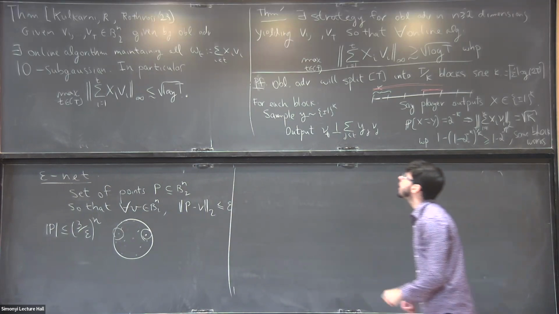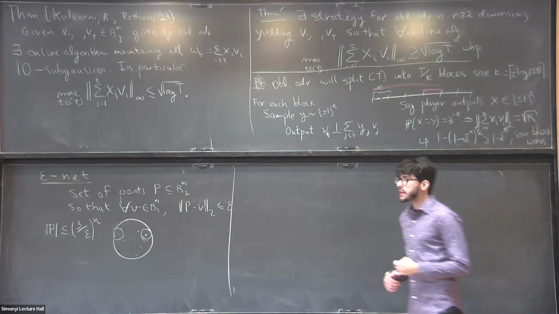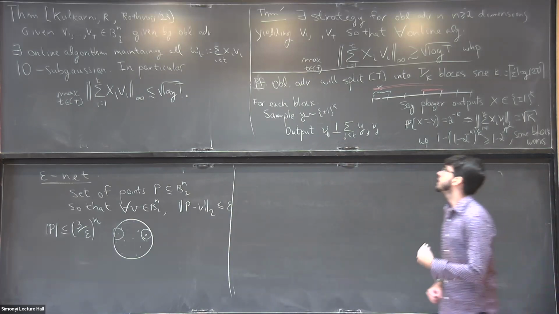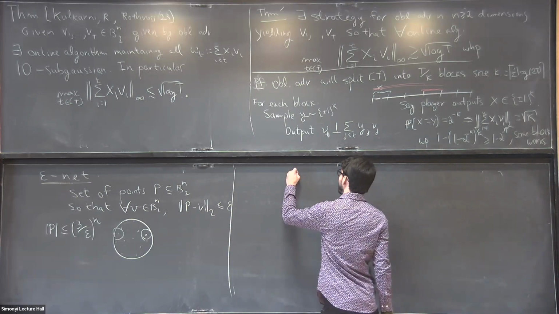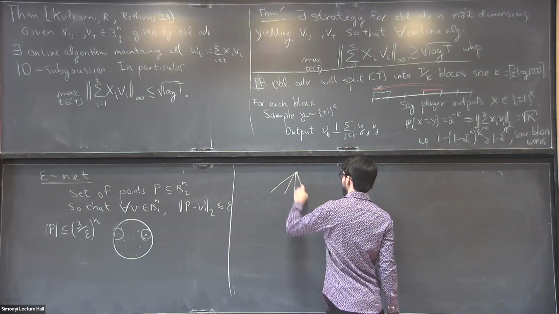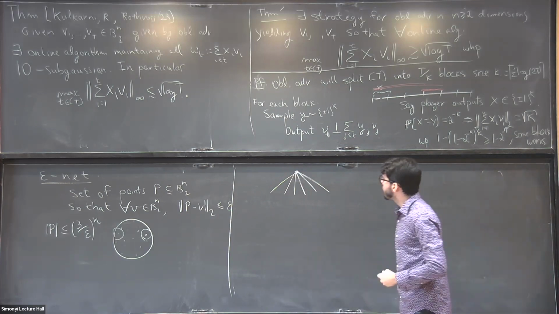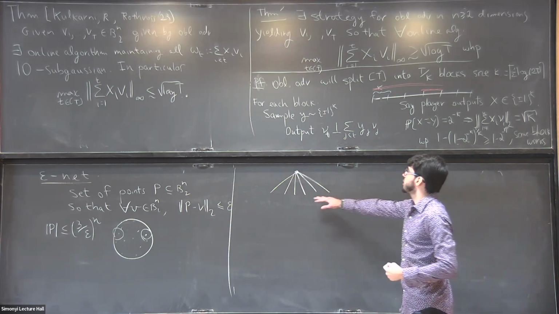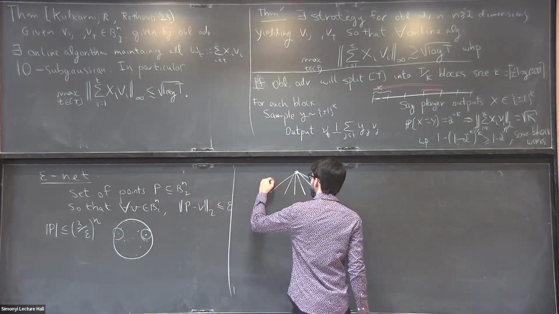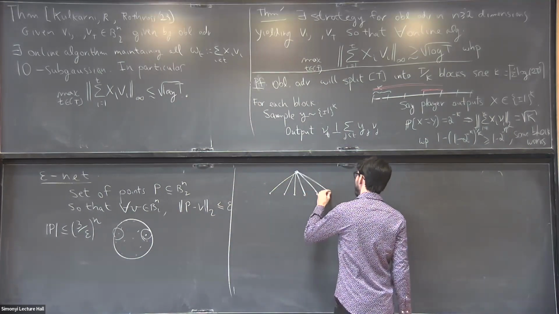So here's the algorithm that I promised. In the beginning of time, I will do a lot of pre-computation. Here's what I will do. I will compute a huge tree. It has some root here. Every one of its nodes will have children, and actually the edges will be labeled by the epsilon net.